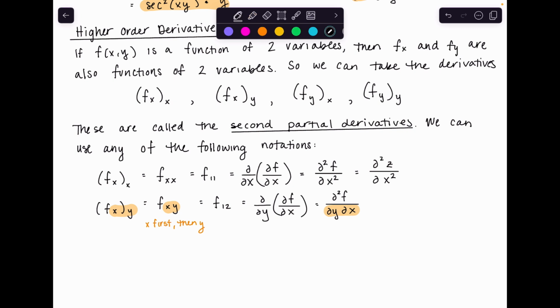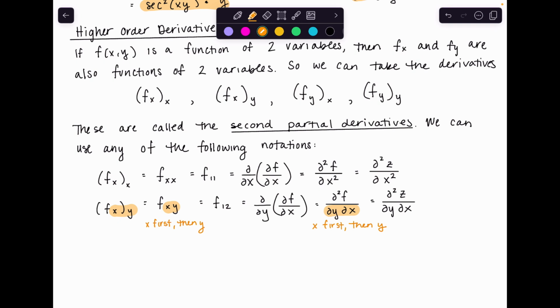So this indication you worked outside in, this one is still meaning x first, then y. And then in terms of z, you just change it to z. Okay.